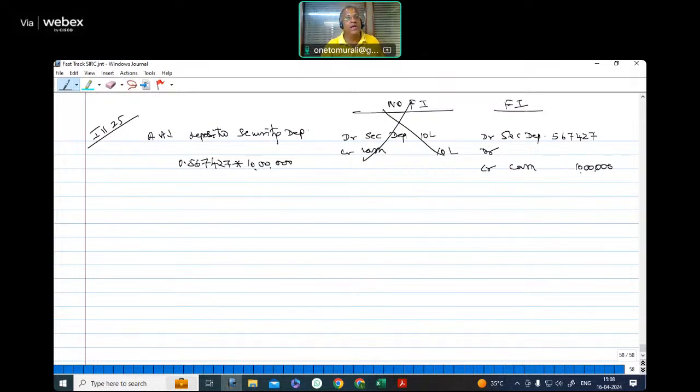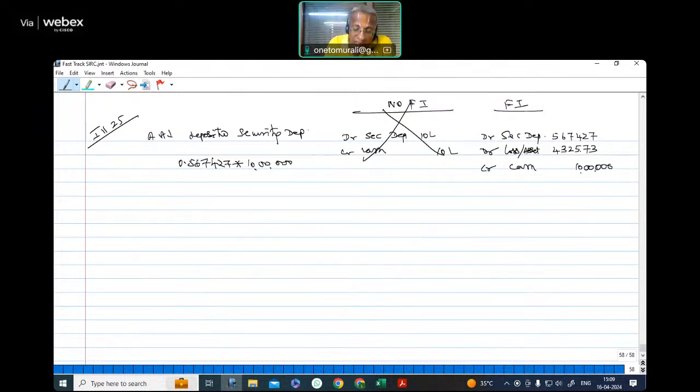What is the account head under which the remaining figure has got to be taken up? The remaining amount, under what head is this item expected to be taken up? The item can be taken up as a loss or an asset. 4,32,573, under what head should it be taken up?